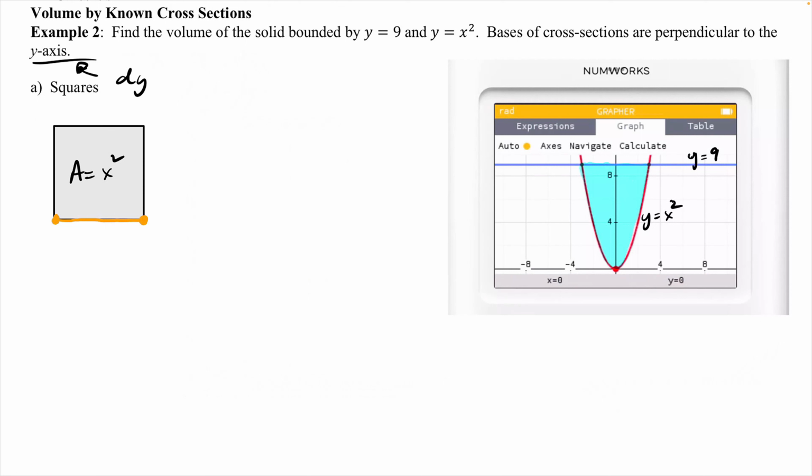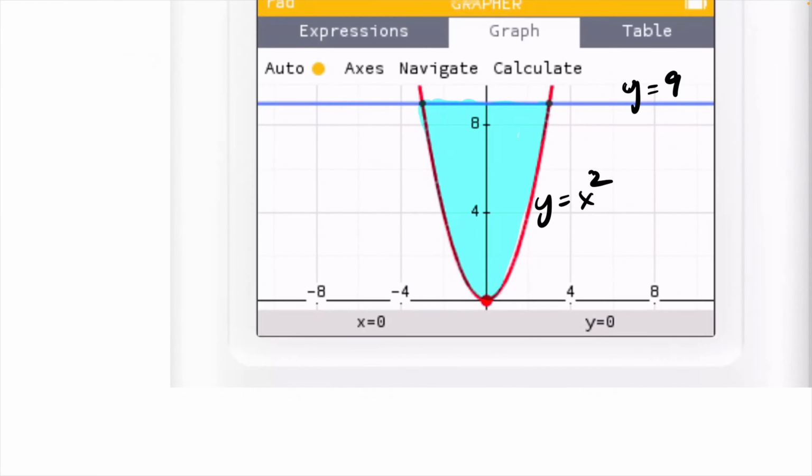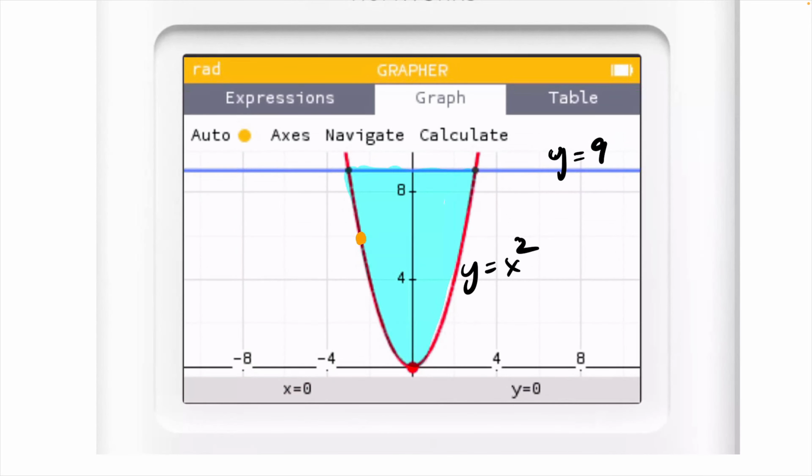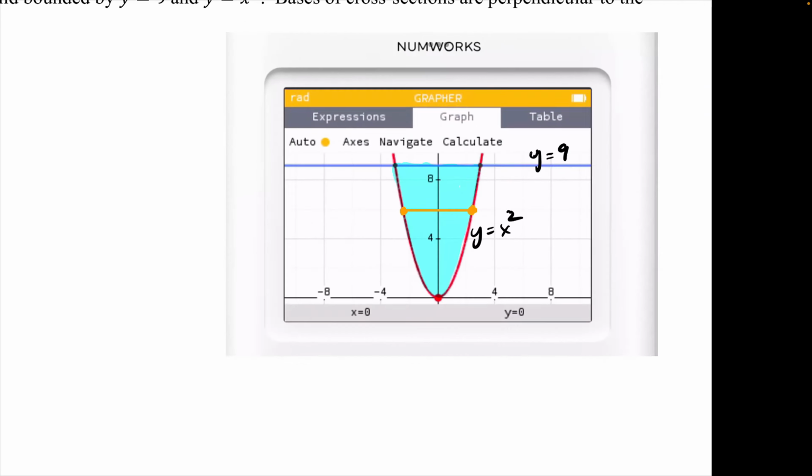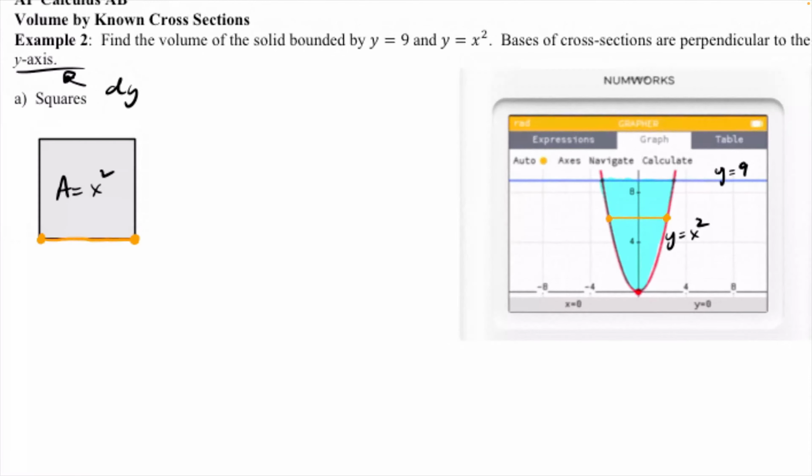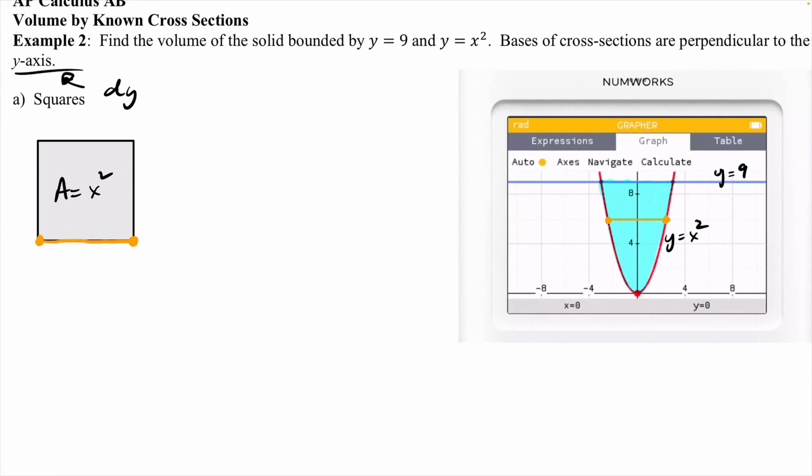So it's got to cover all of the blue horizontally. Gosh, it's Friday. Okay. So it's got to go from here to here. That's where it's got to go. So they're all going to be sitting like that.